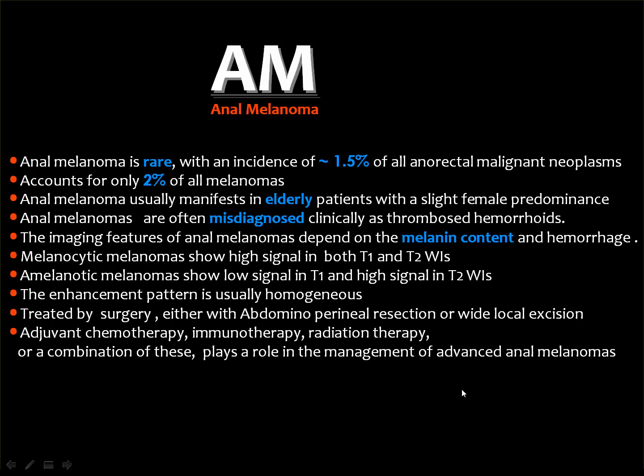We have two types of melanomas depending on the melanin content. The melanocytic melanoma will show high signal on T1 and T2 weighted images because of the melanin. The amelanotic melanoma will show low signal in T1 and high signal in T2, similar to any other tumor. The enhancement is usually homogeneous and the treatment is usually by surgery.